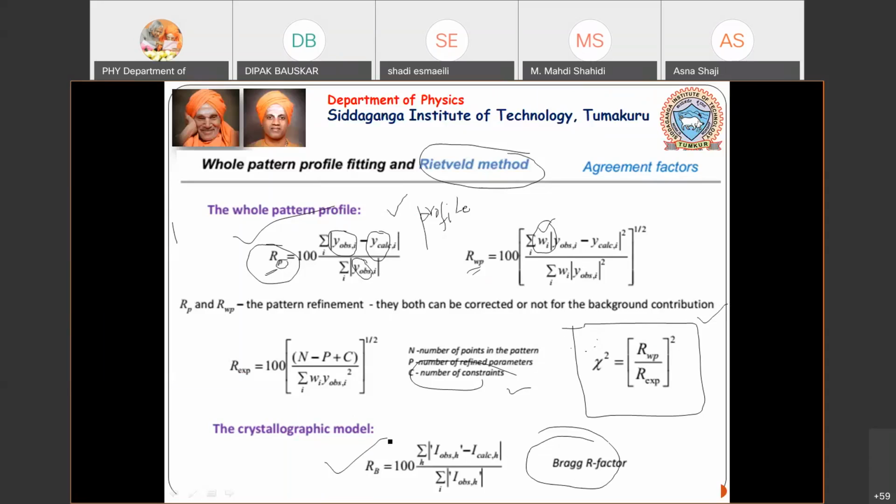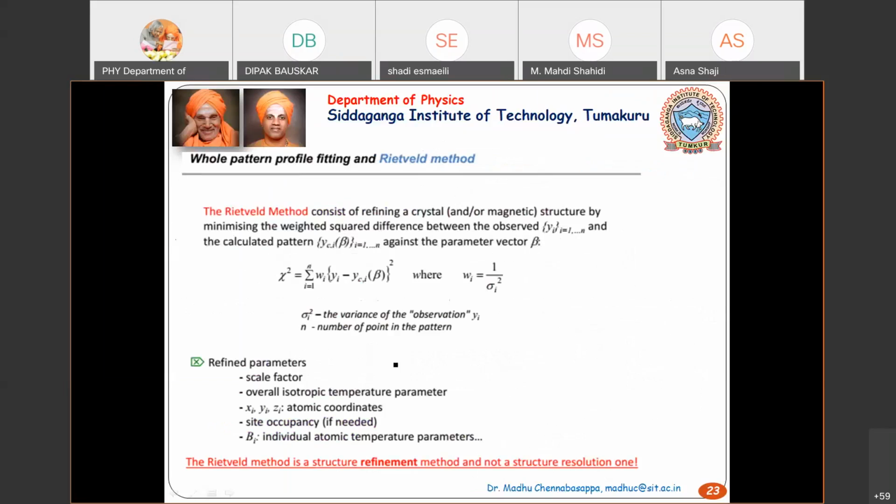I think if I keep talking, it will just take time. So instead, I will go to the next slide and summarize this talk. Rietveld refinement consists of a crystal or magnetic model. For example, if you're doing neutron diffraction, you can also give the magnetic spins, which is your magnetic structure.